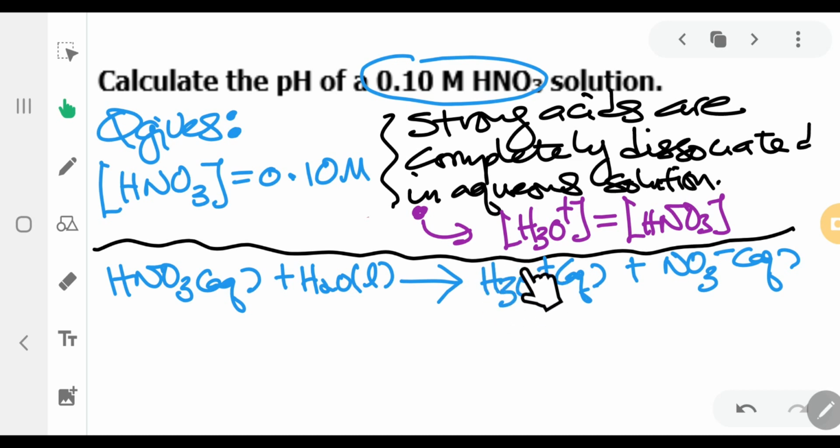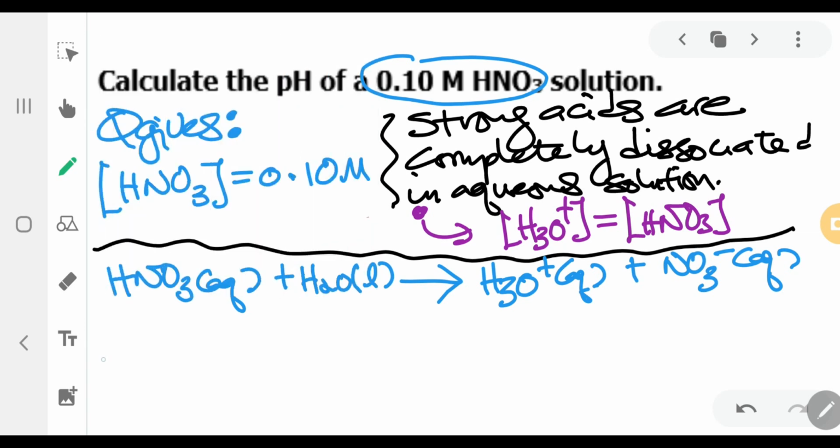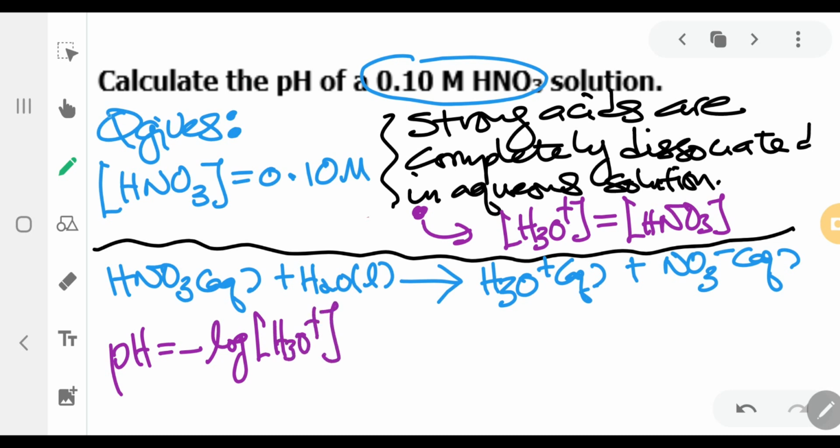So the concentration of H3O plus right there will determine the value of pH, because pH is defined as negative log concentration of H3O plus. So now we know that the given concentration is 0.10 molar.